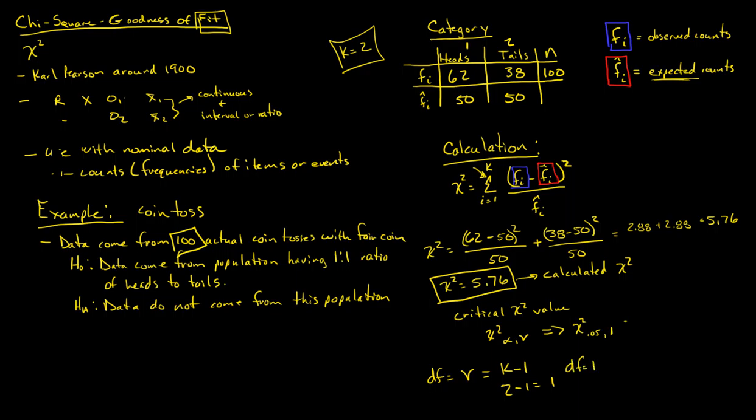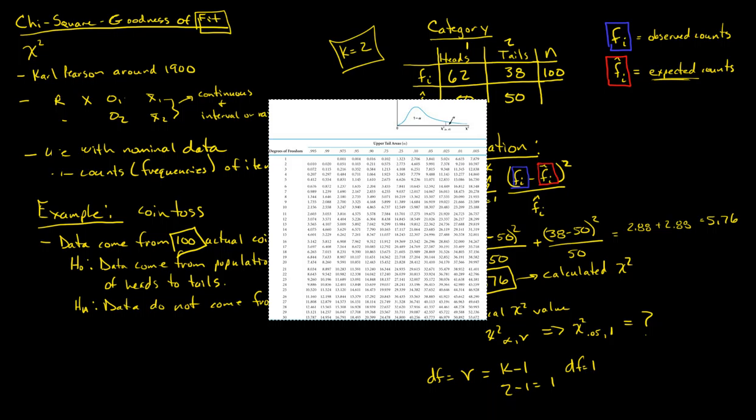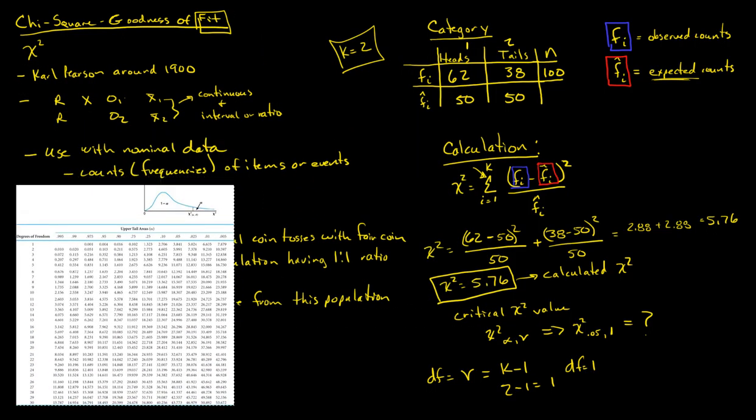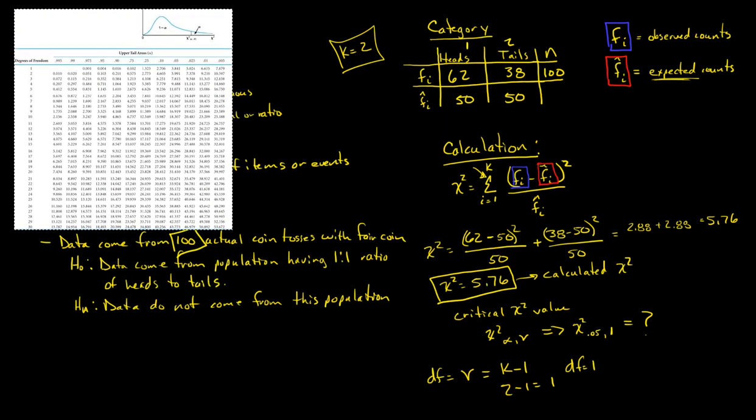So we have to go find out what this value is. What is it? Well, we look it up in a chi-square table. If you look, here's our rejection region right here, and we're saying this distribution of heads to tails, if we want to challenge it, it has to be on this side of our cutoff region.